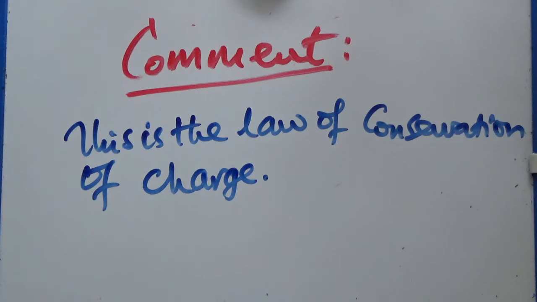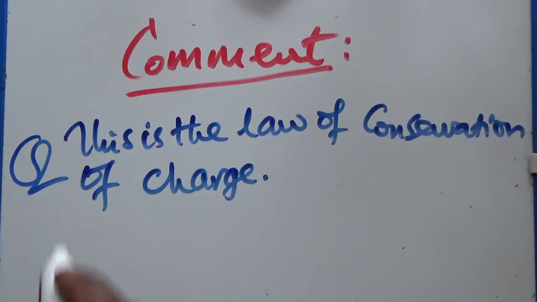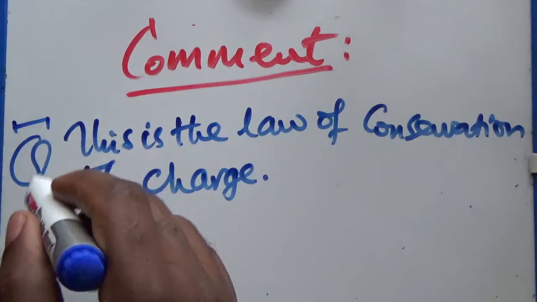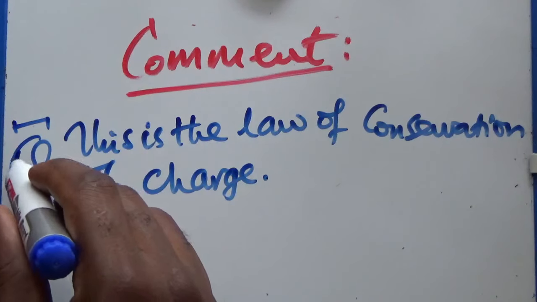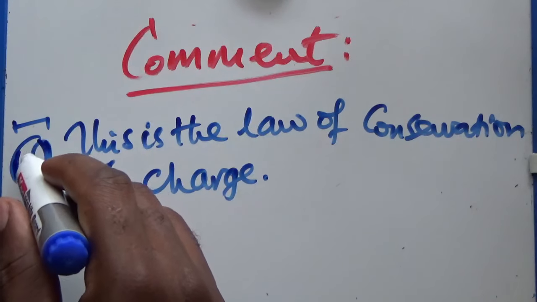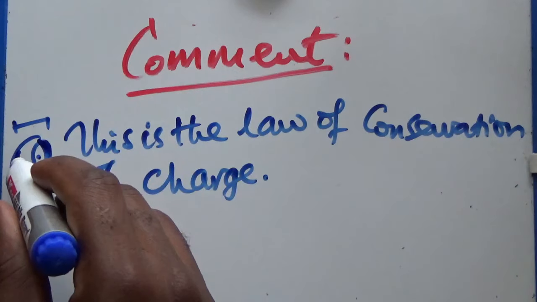Because the charge that entered the node equaled the charge that left the node. So this is the law of conservation of charge: the amount of charge that entered the point equals the charge that is leaving the point.